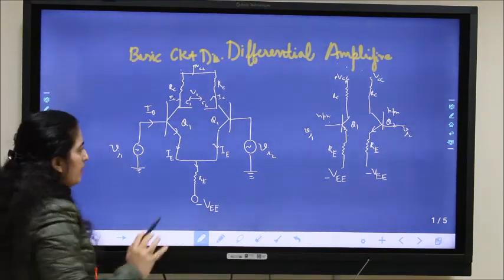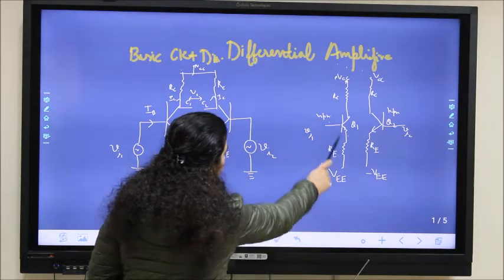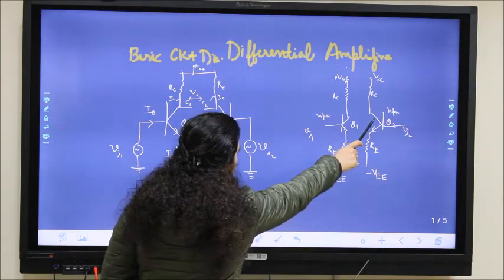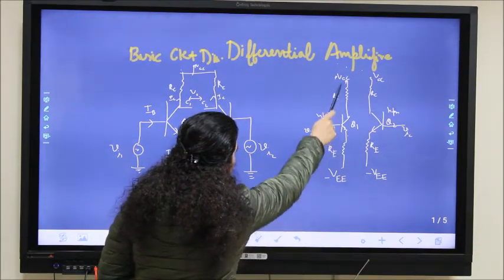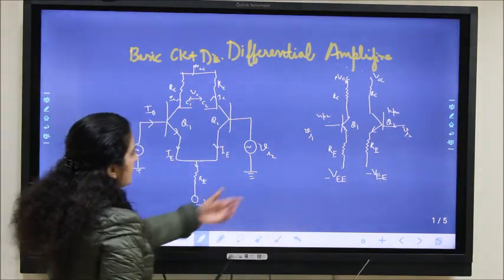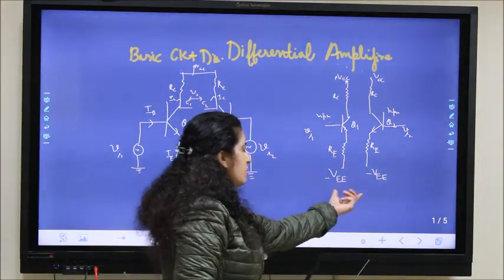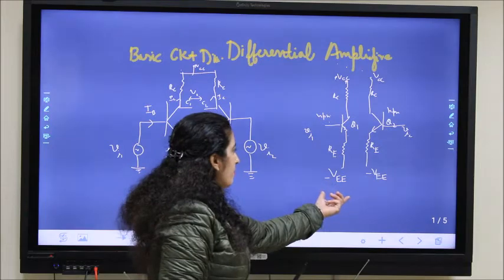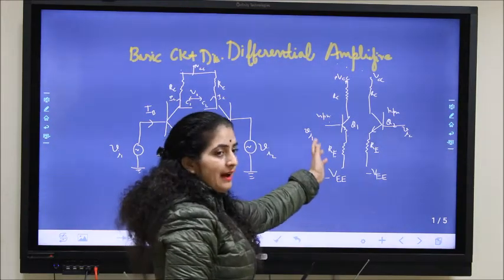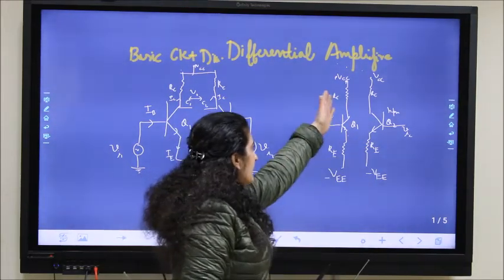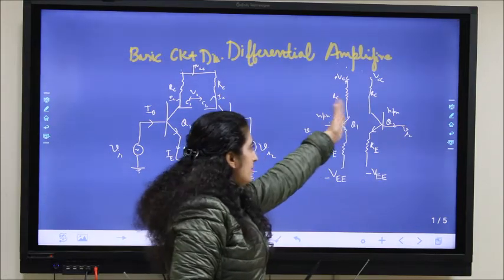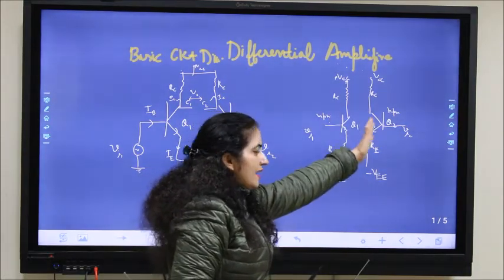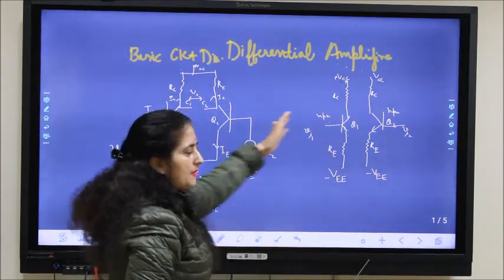It is made up of two amplifiers, NPN and NPN. Both these amplifiers are mirror images of each other, that is, both have the same properties. The value of the resistance RE is the same as this, and RC is the same as this. Is it clear?